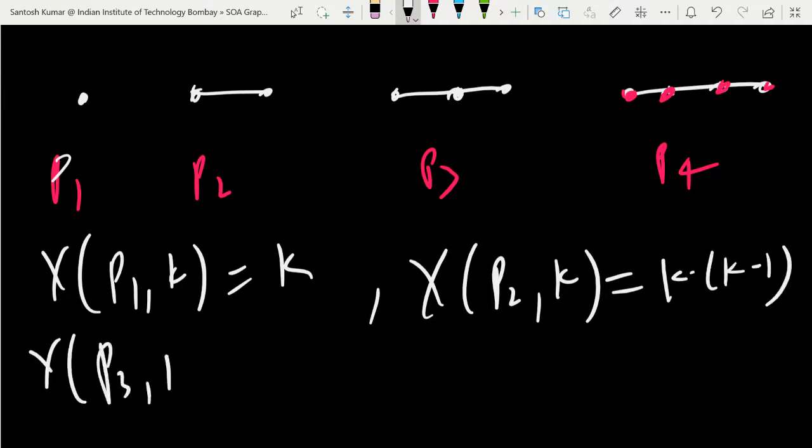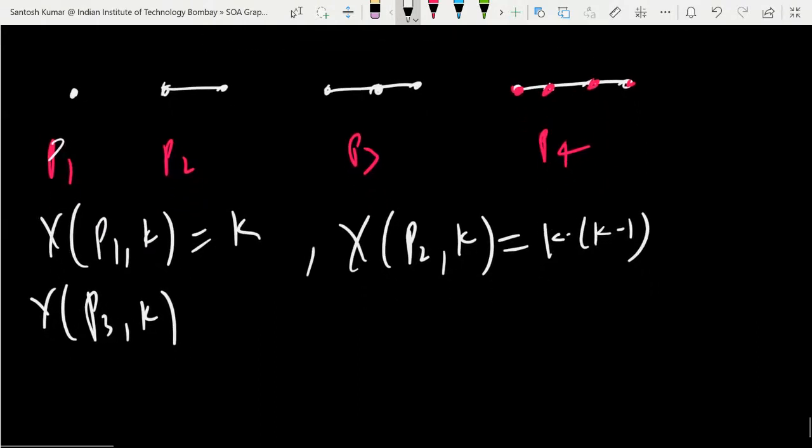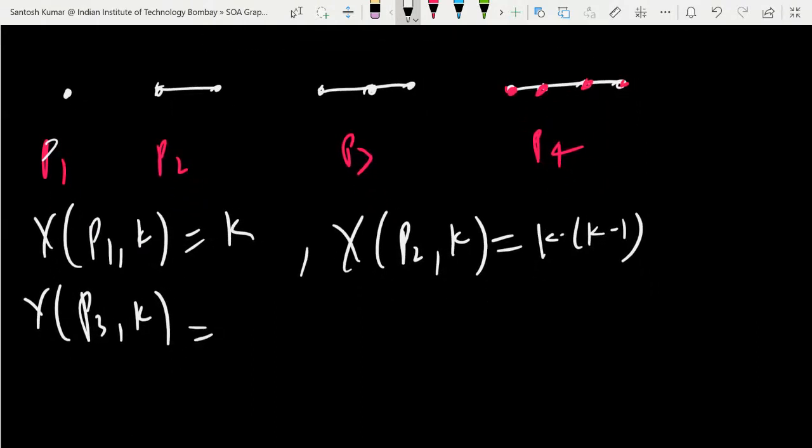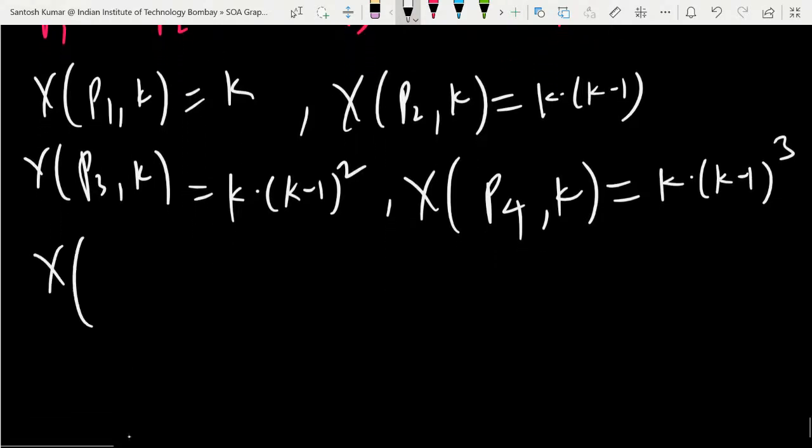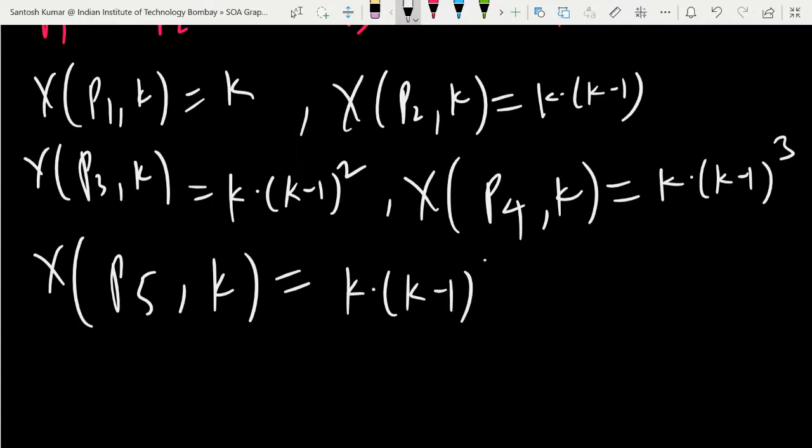Then for P3 using k colors, a tree with three vertices, it is k into k minus 1 squared. P4 is a tree with four vertices, so it's k into k minus 1 to the power 3. Similarly for P5, it is k into k minus 1 raised to power 4.